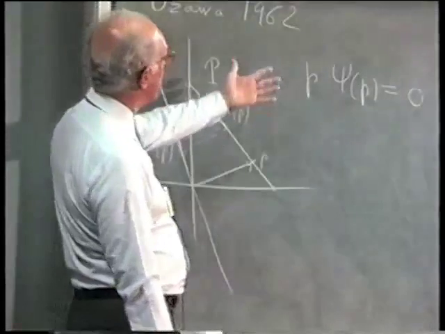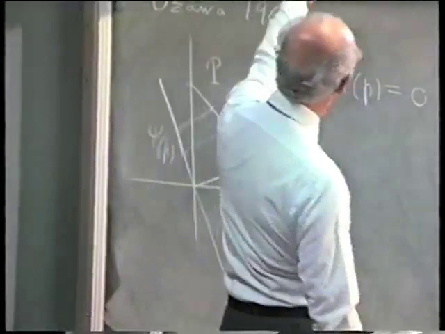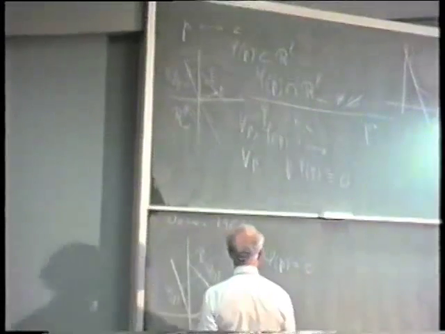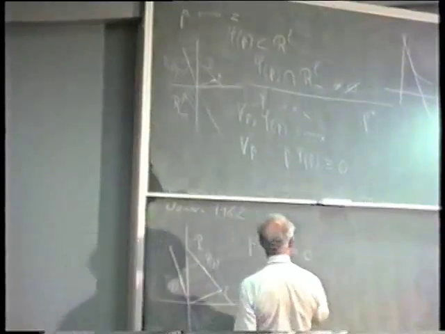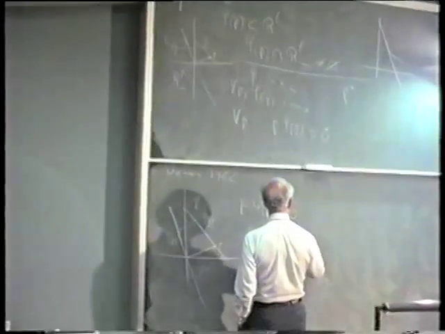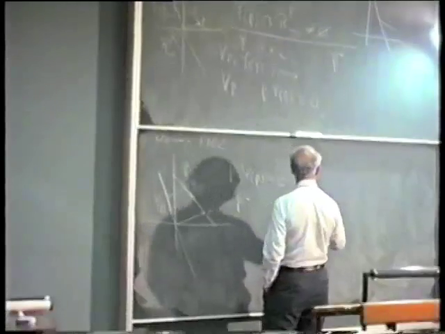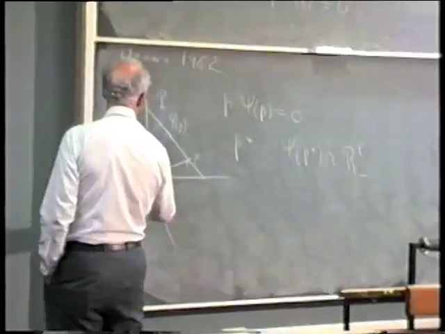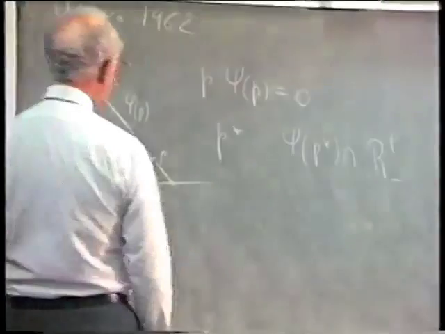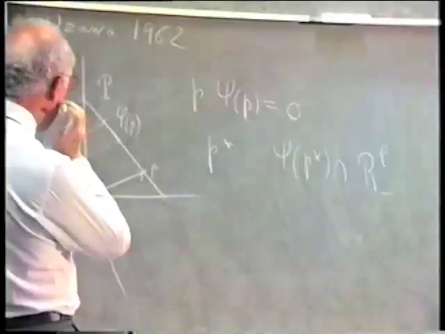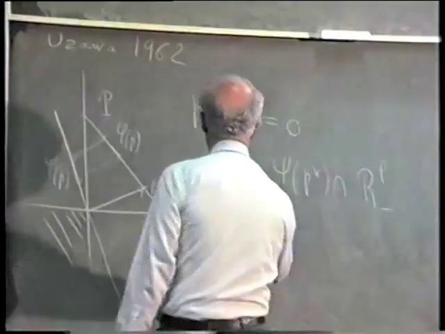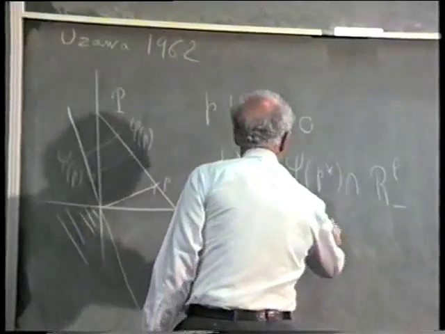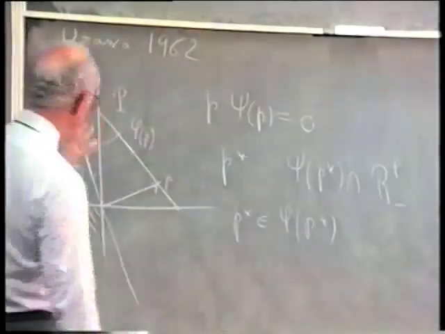Therefore, all the conditions of the lemma that I gave you earlier are satisfied. And there is a P star such that psi of P star intersects R^l minus, which I have shaded here. And I claim that this implies that P star belongs to phi of P star, as you can perhaps see intuitively.